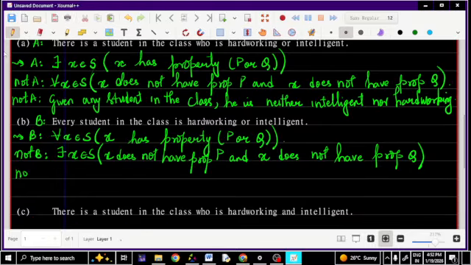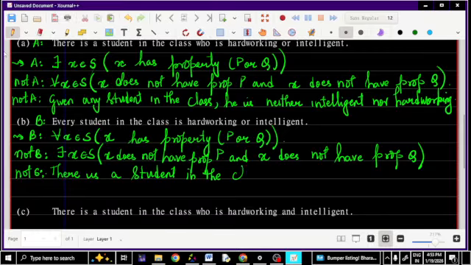So using plain English, how will you write the negation? There is a student in the class who is not having property P and who is not having property Q also. So there is a student in the class who is neither intelligent, nor hardworking.